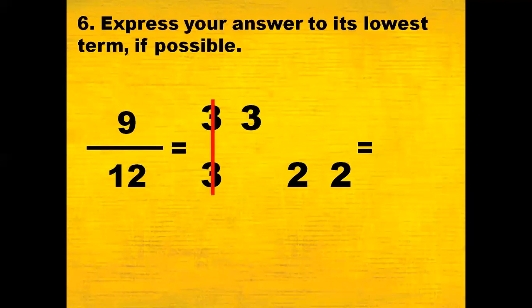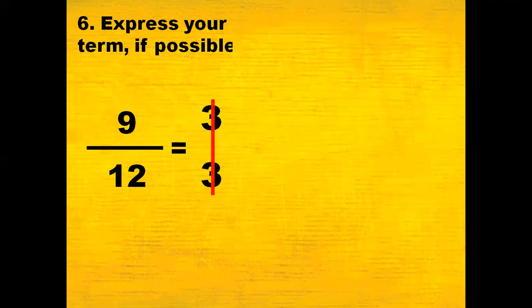And for the denominator, we have 2 times 2, which is equivalent to 4. So our final answer for 9/12 is 3/4. So it means that the lowest term for 9/12 is 3/4.